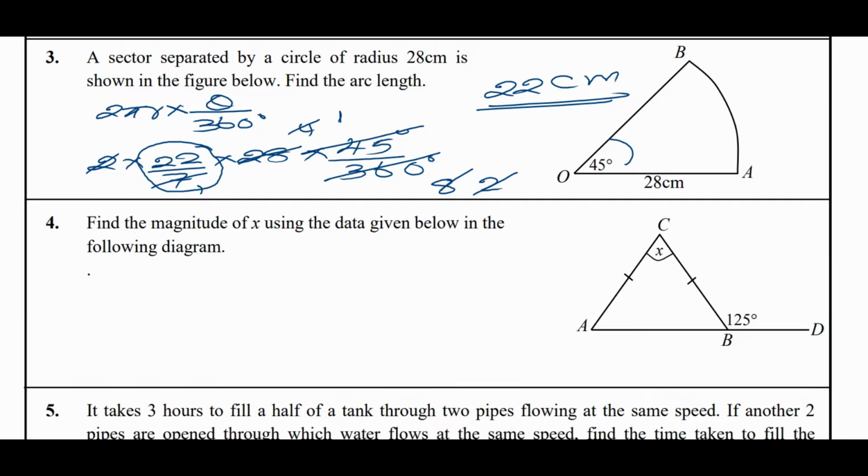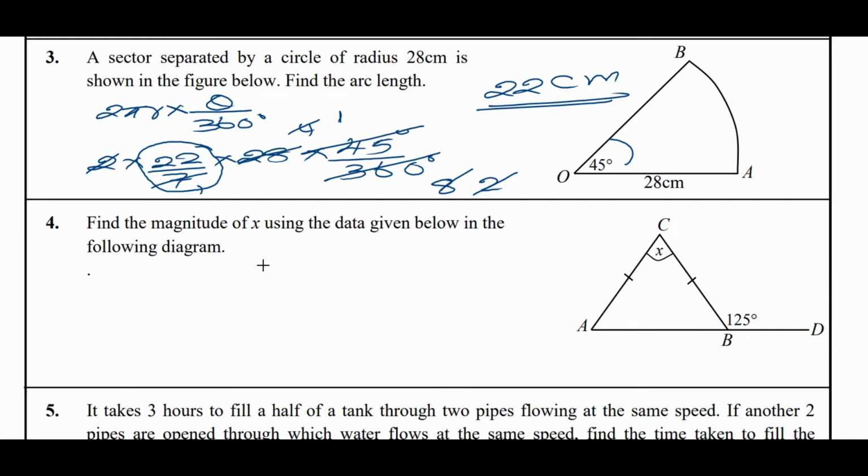Question number 4. Find the magnitude of x using the data given in the following diagram. We have a triangle ABC. As seen in the figure, I can see that triangle ABC is an isosceles one. Therefore, we can find angle ABC using the straight line AD, because angles ABC and CBD are adjacent angles on a straight line.